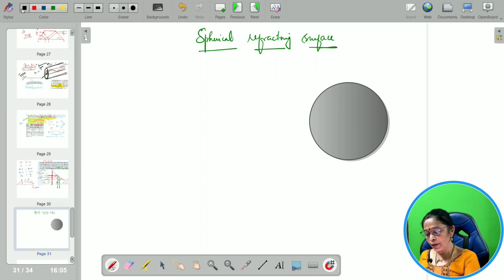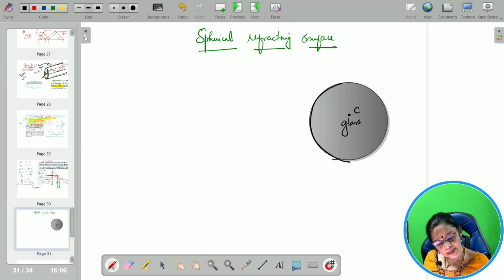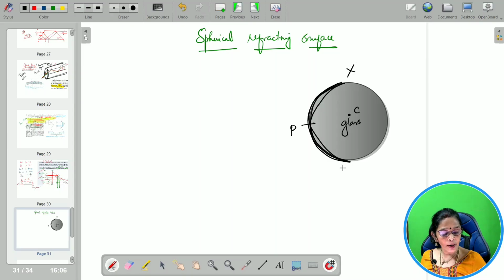Inside it is glass, this is the center of the sphere, and this part is called the convex surface. What about the other part? This is the concave surface.